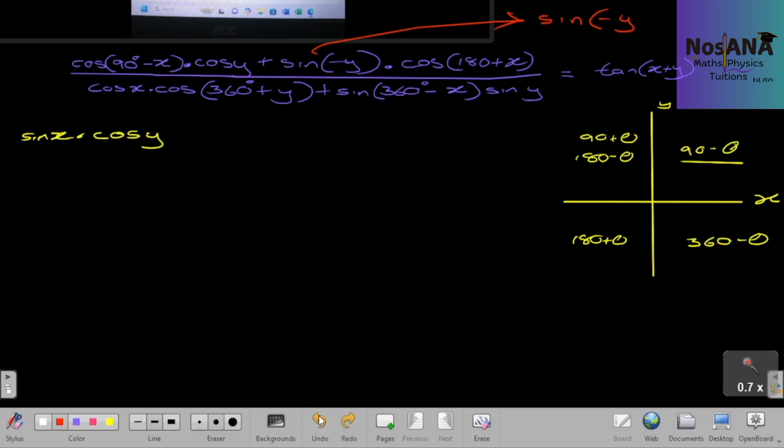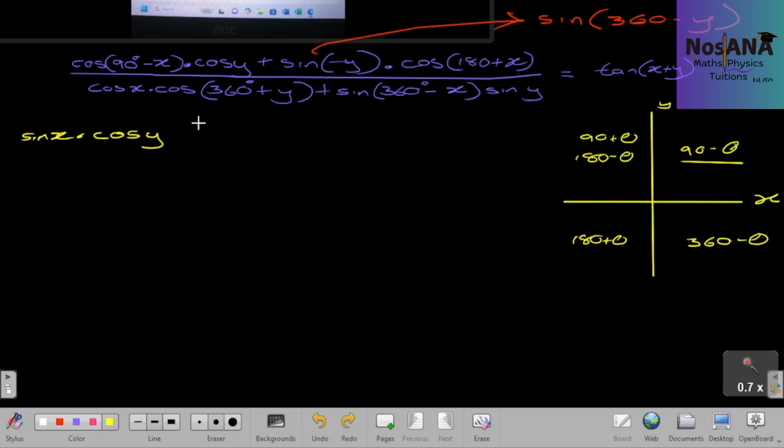We are going to add 360 in there, so it will be 360 minus y, right? And this is where 360 is, in the fourth quadrant. So if 360 is in the fourth quadrant, what does that say?